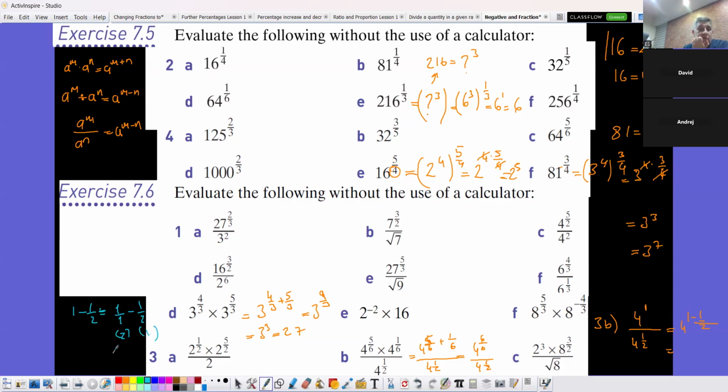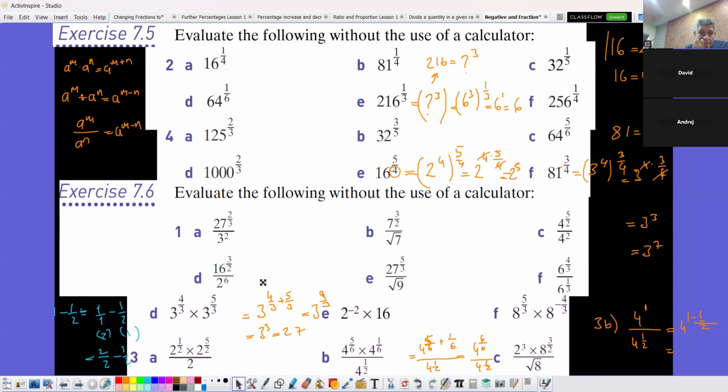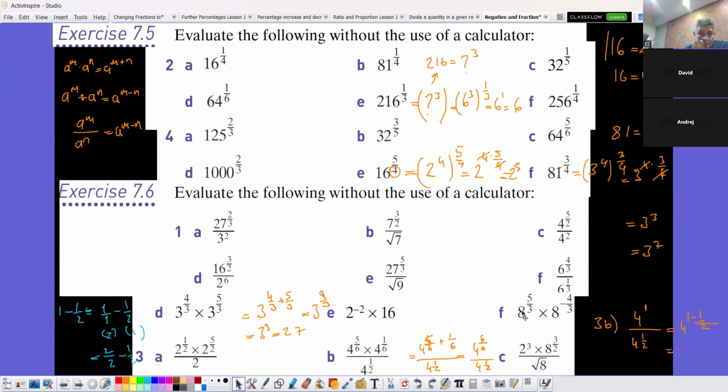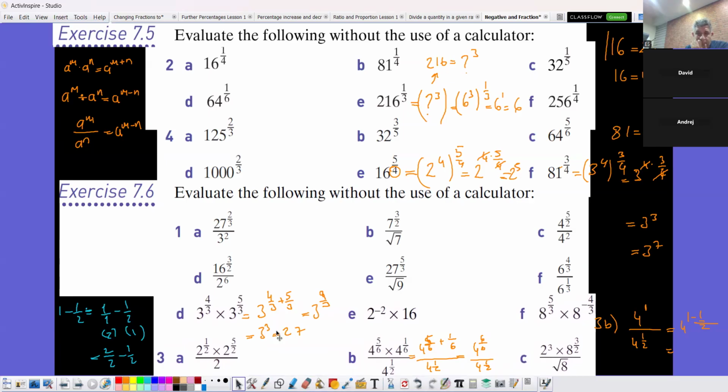Then it's going to be equal to 2 over 2 minus 1 over 2, which is equal to 1 over 2.